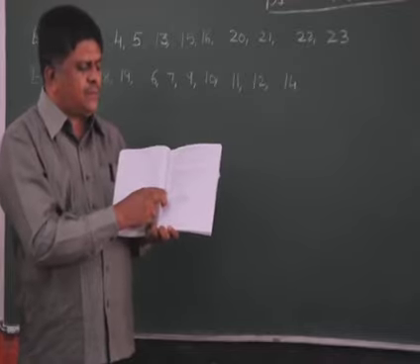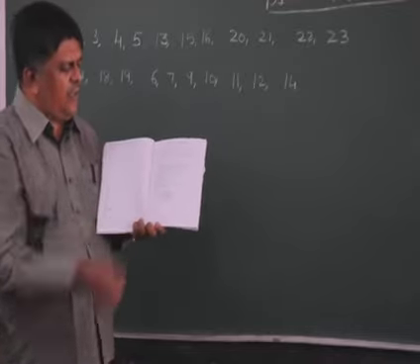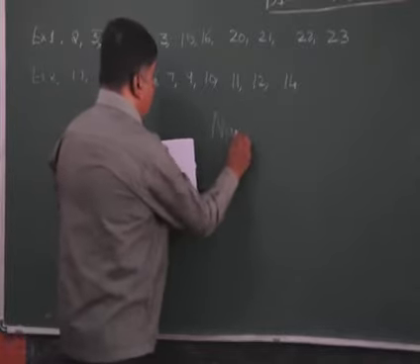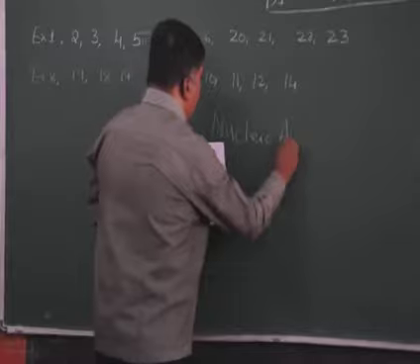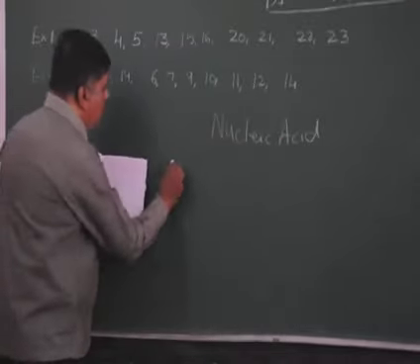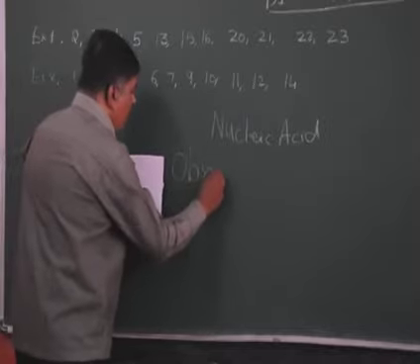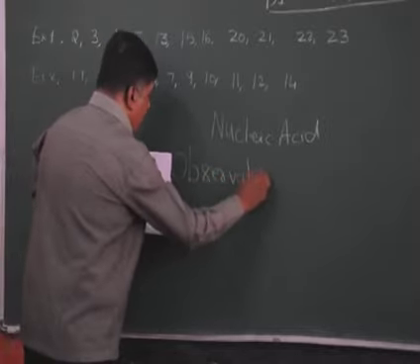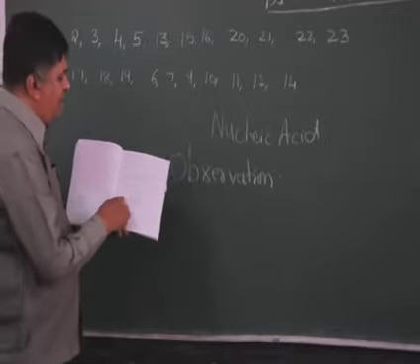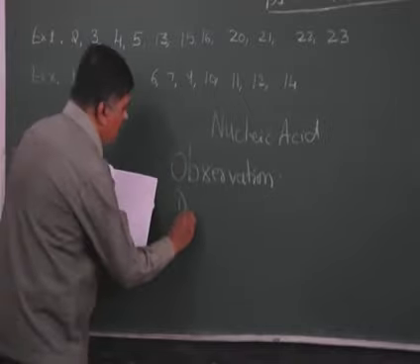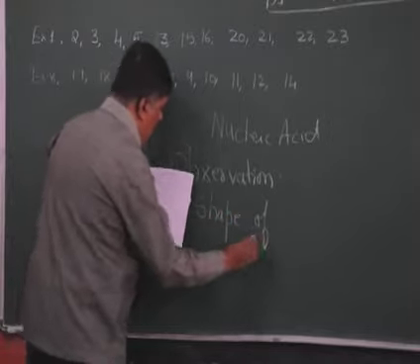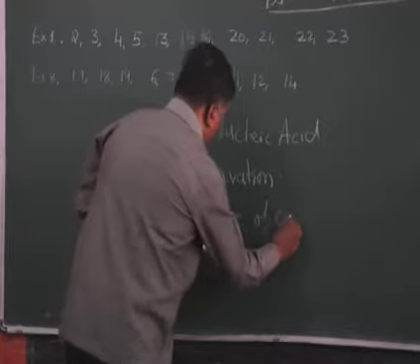So here, when you come to observation, as far as staining of nucleic acid is concerned, after writing the procedure, when you write the observation, please don't copy as it is. You can write the observation like this. First one, shape of the cell.